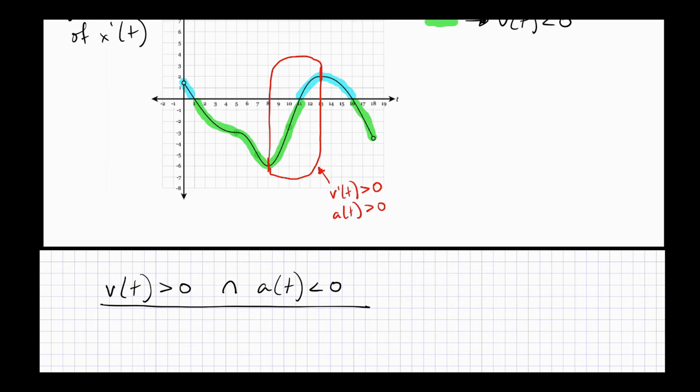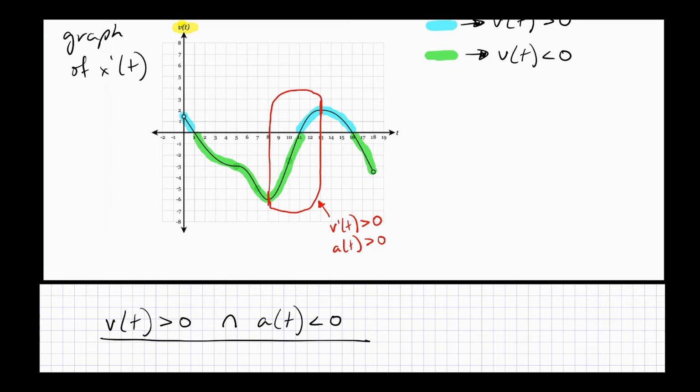Okay, so positive velocity was my blue, right? Negative acceleration is everything outside of my circle here. So I'm looking for blue outside the circle.